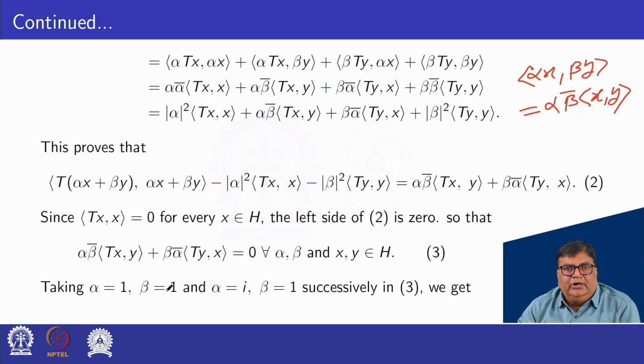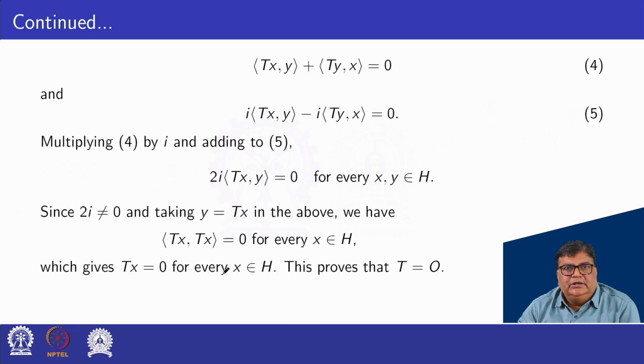When alpha is equal to 1 and beta is equal to 1, then equation 3 is inner product of Tx, y plus inner product of Ty, x is equal to 0.